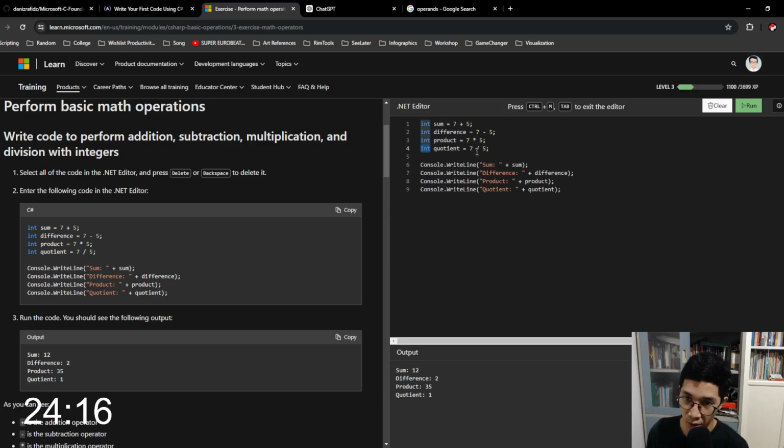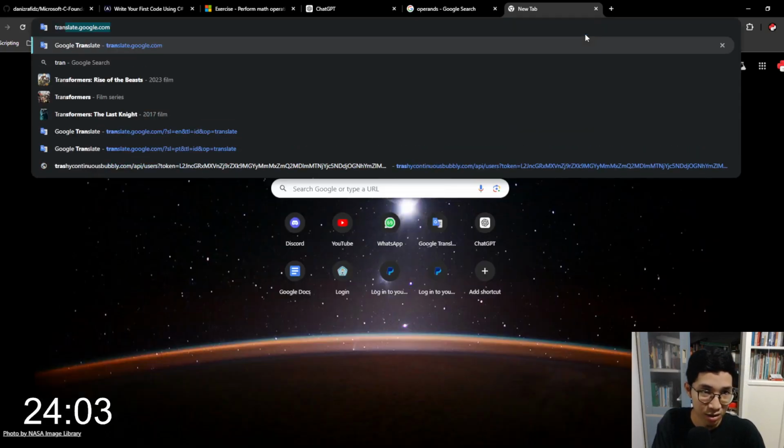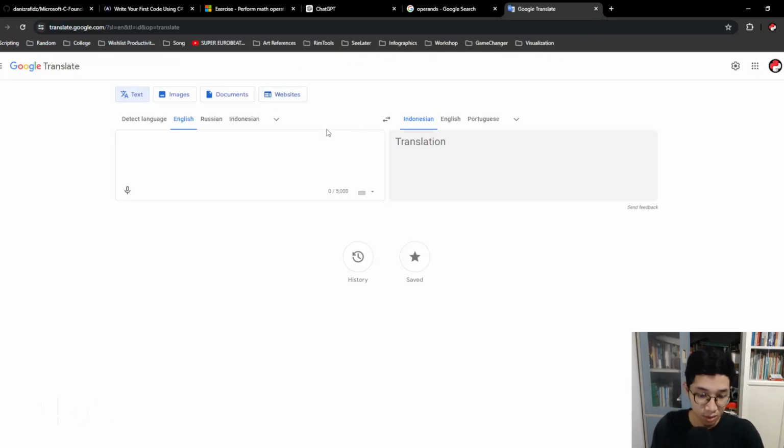So 1.4 will be simplified to 1 as the result of this quotient. How do you spell quotient? Quotient.